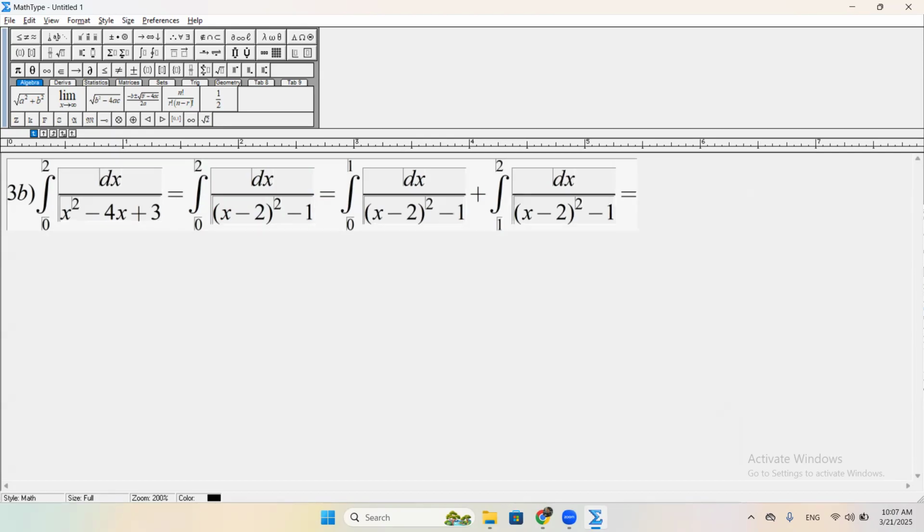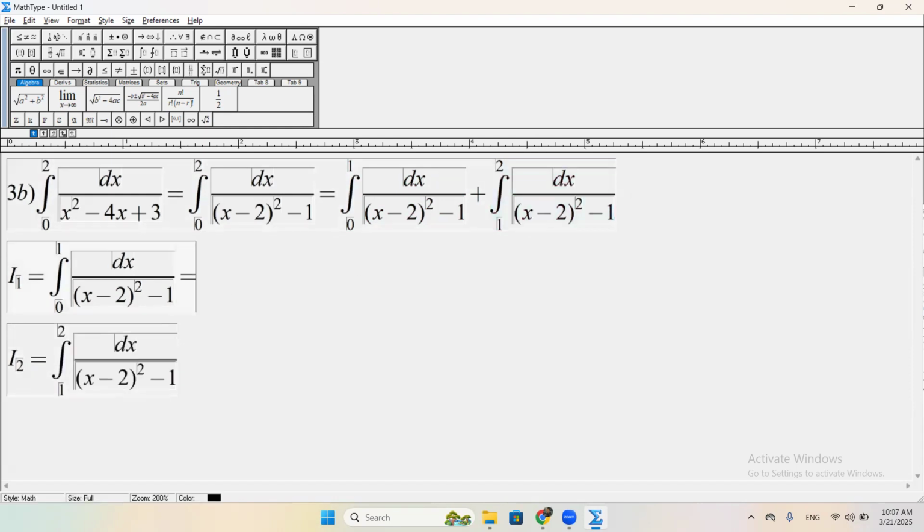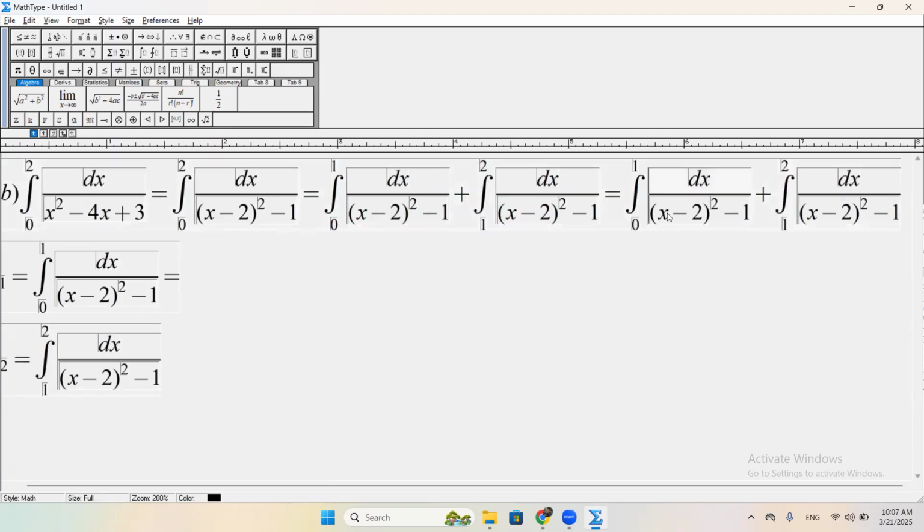Now let's calculate these integrals separately. I1 equals this integral, I2 equals this integral. For this integral, let's write like this first of all. Let's enter under the differential for our convenience.